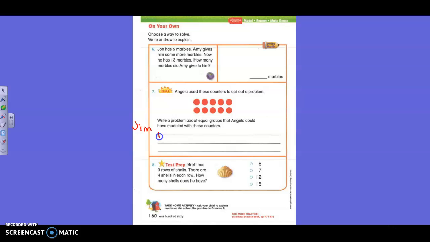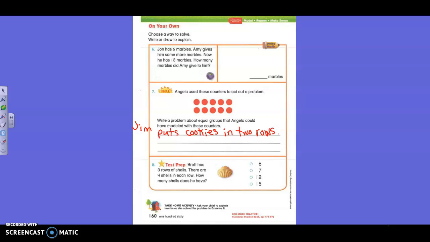Okay. Jim puts cookies in 2 rows. Period.